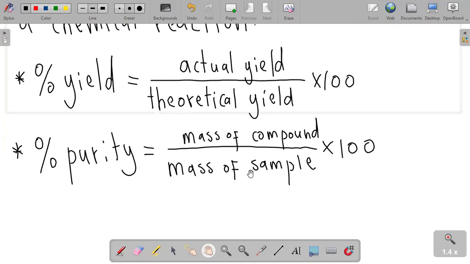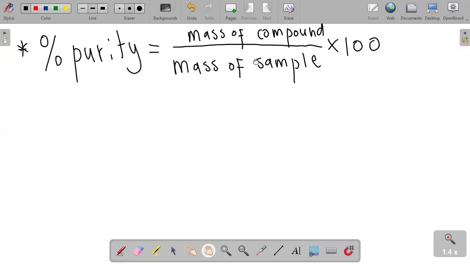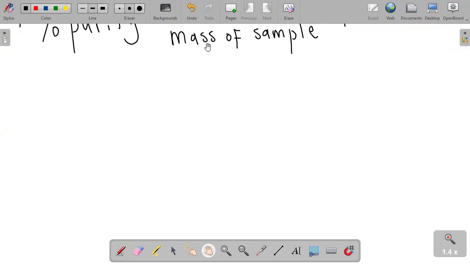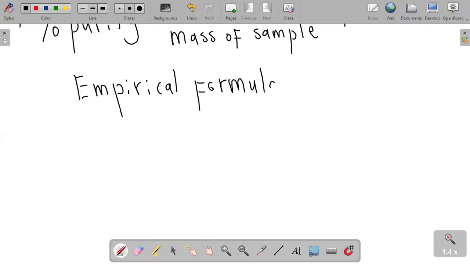And then we come to the empirical formula. For the empirical formula, there is a table that you need to know. So the definition: what is the empirical formula?